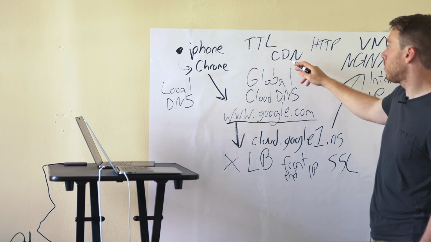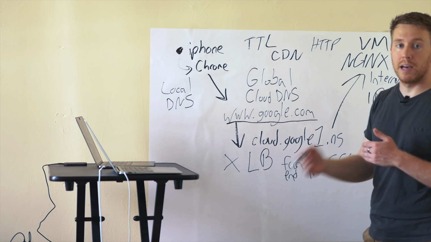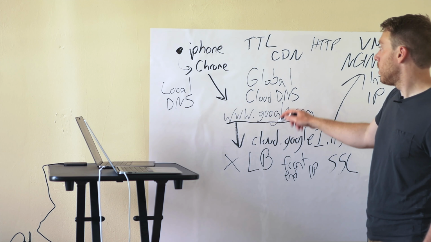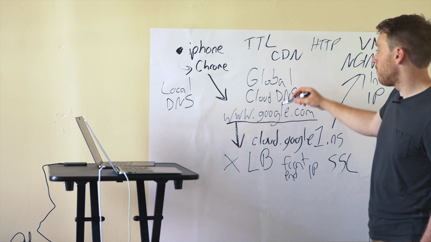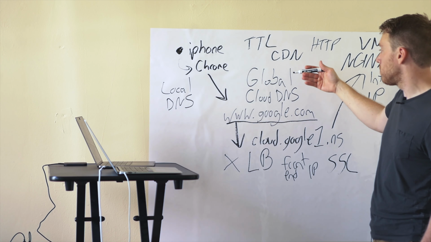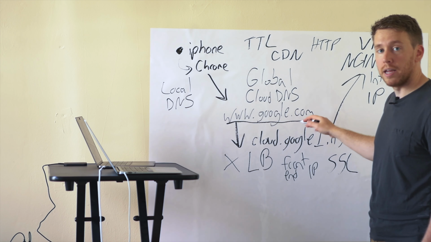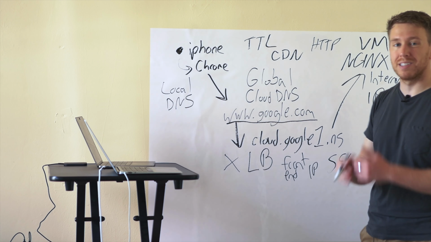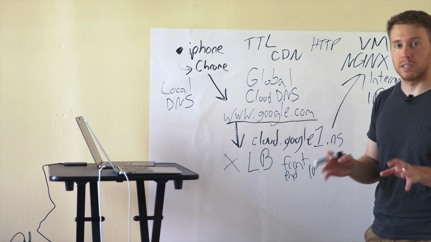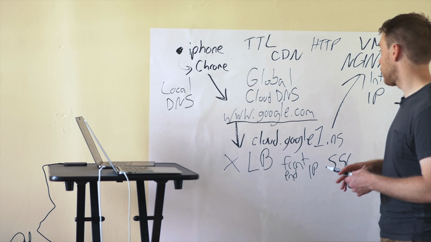CDNs also offer caching at the edge, they call it. So if I have my website and I'm in Boston, the closest server in proximity to me might actually cache an image or the actual website, so it doesn't even have to hit the origin server, and then that cache just gets updated at some interval.